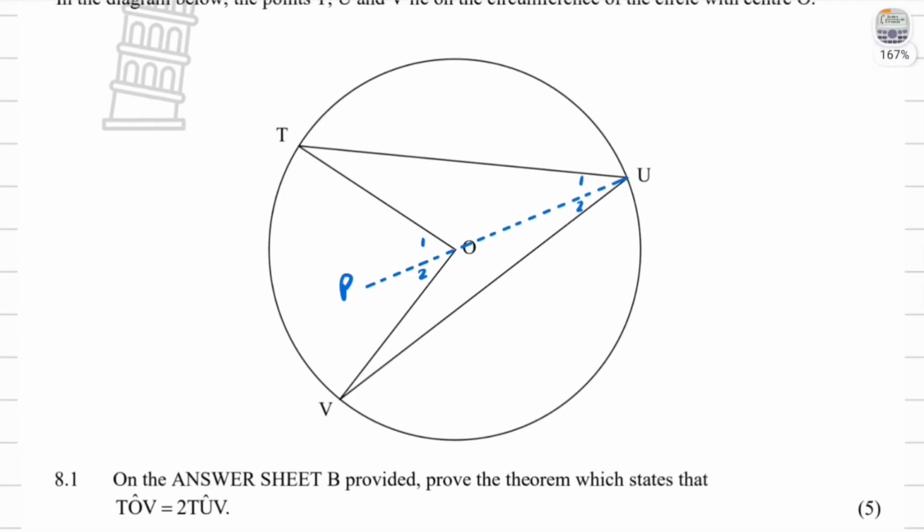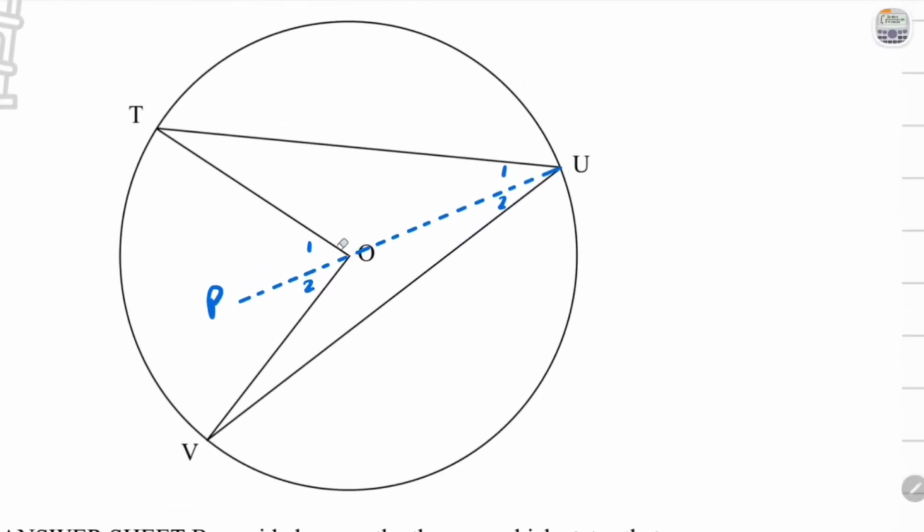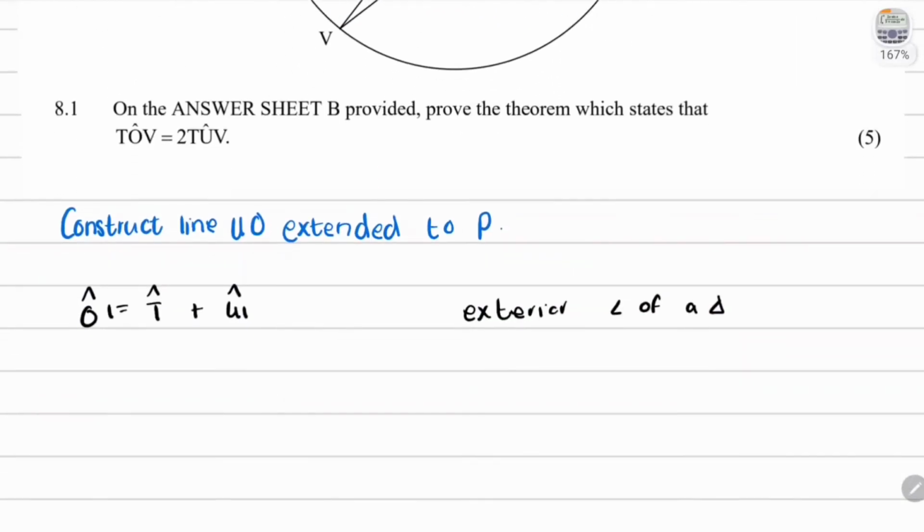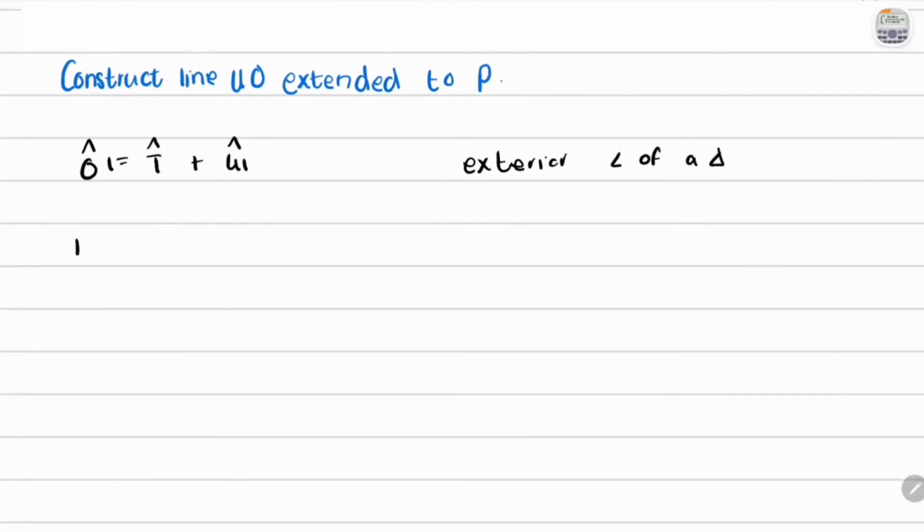Okay, but here's the thing about these angles. Do you notice that OT is a radius? It's going from the center to the circumference. But so is OU, it's also a radius. So those two lines are equal. So we're going to tell them that OT is equal to OU because they're equal radii.